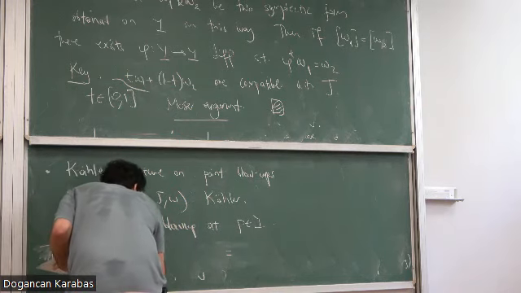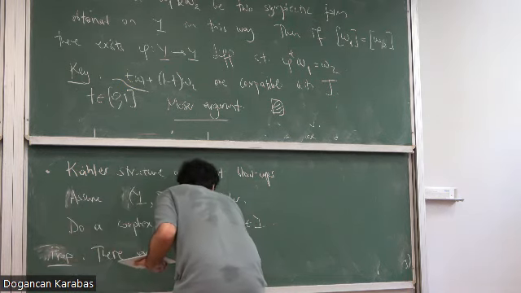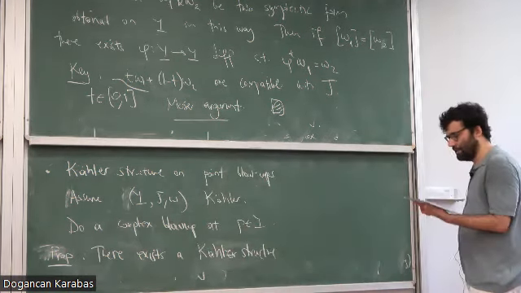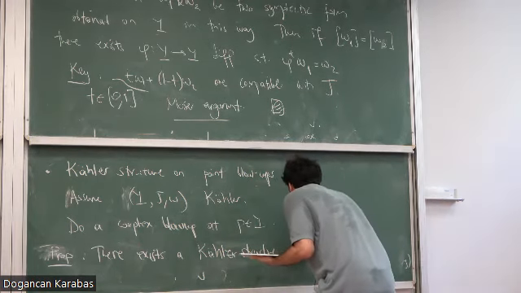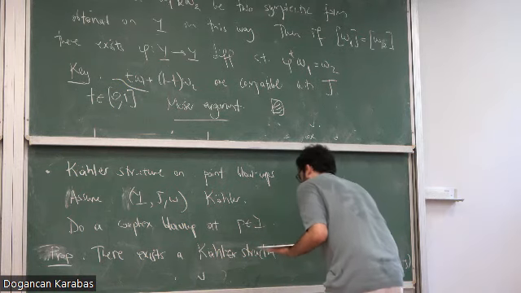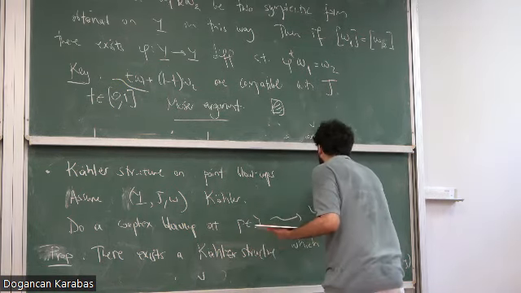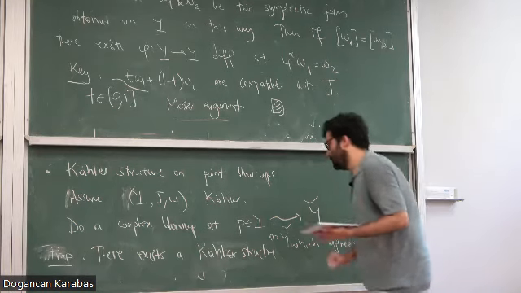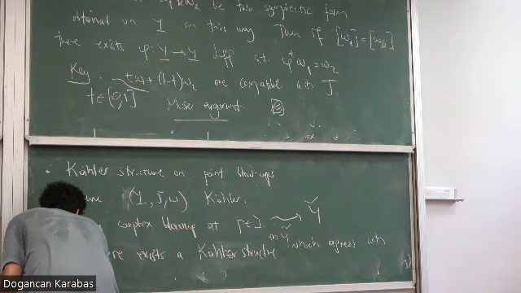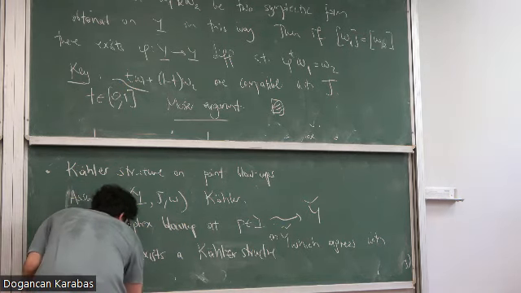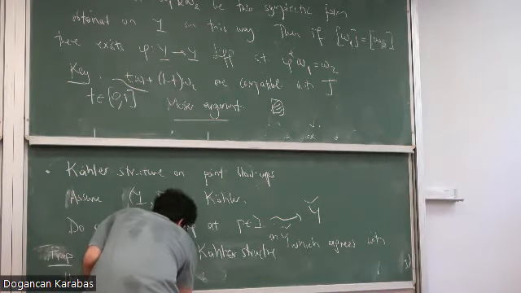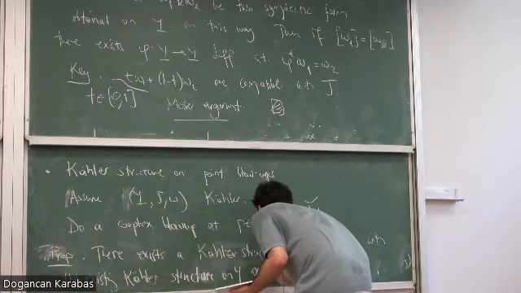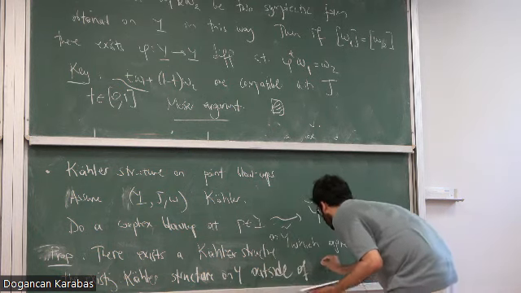There exists a Kähler structure, meaning not just the class, but an actual Kähler form, on the blow-up Y tilde, which agrees with the existing Kähler structure on Y outside of the exceptional divisor.